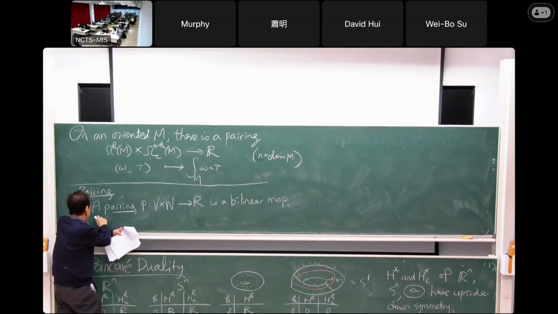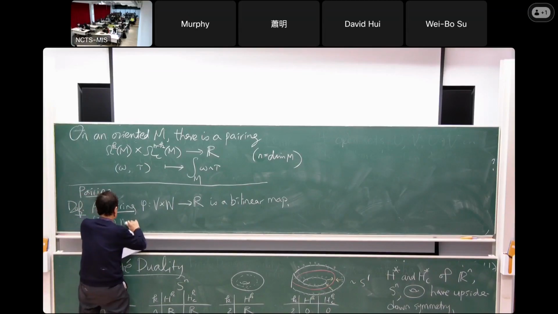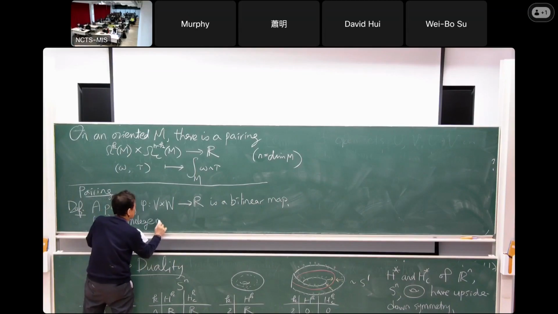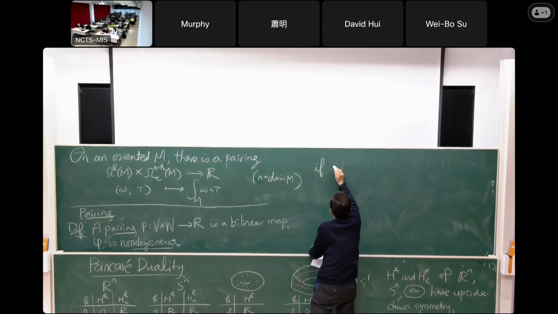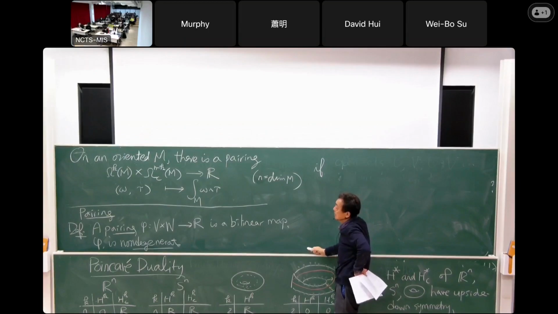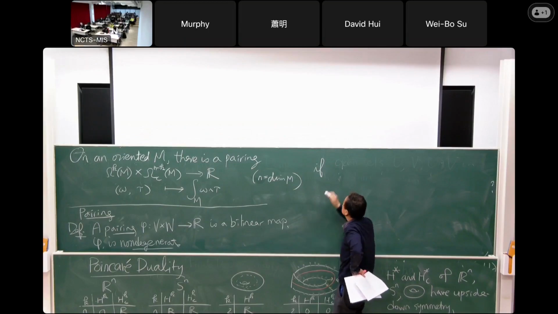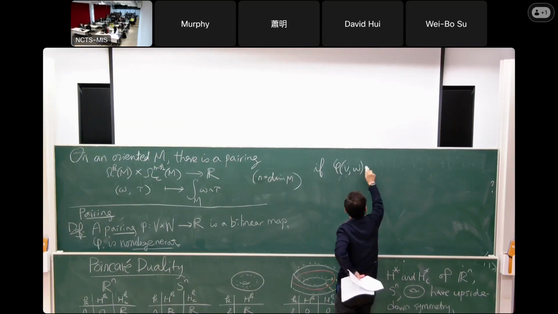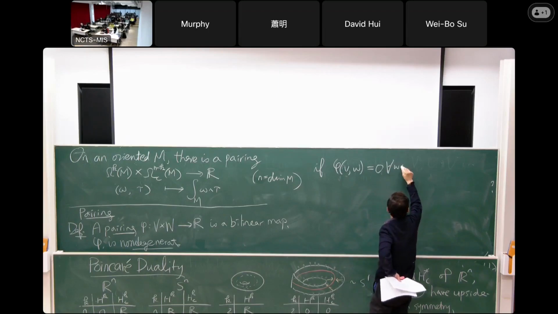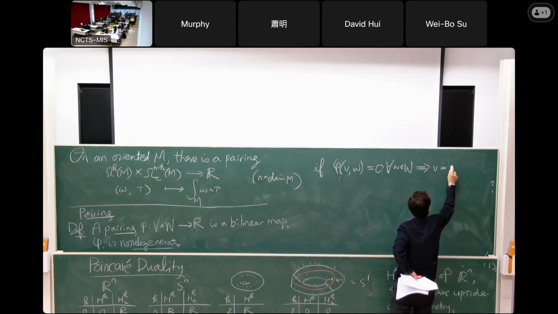And then it's non-degenerate if, whenever phi of V, W is equal to 0 for all W, then that implies that V is 0.